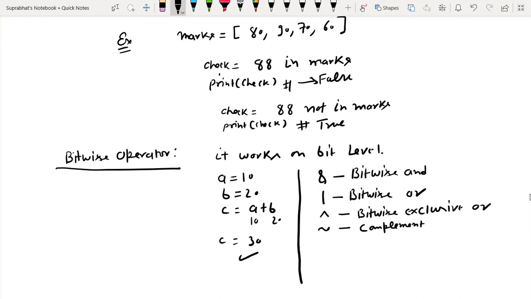The next one is this sign, bitwise left shift, because you can see this points to the left side, and the opposite of this is called bitwise right shift.